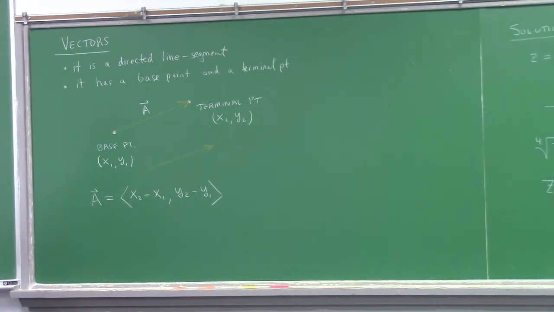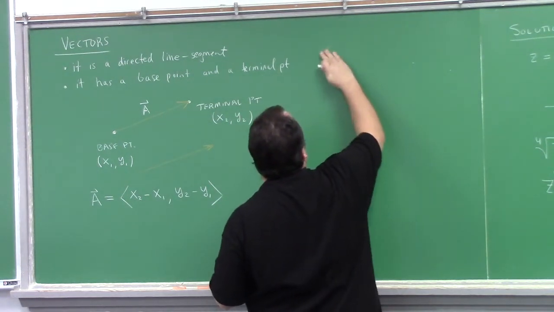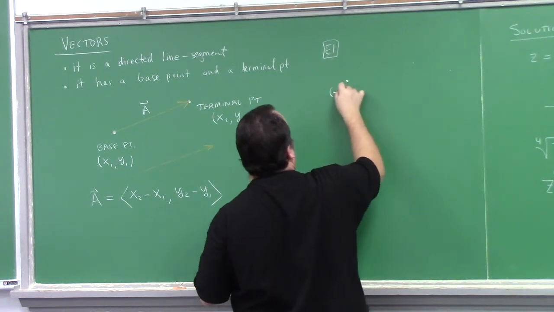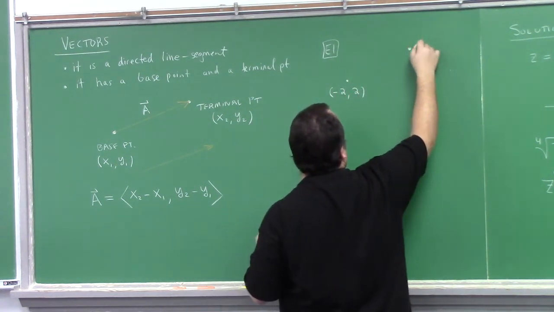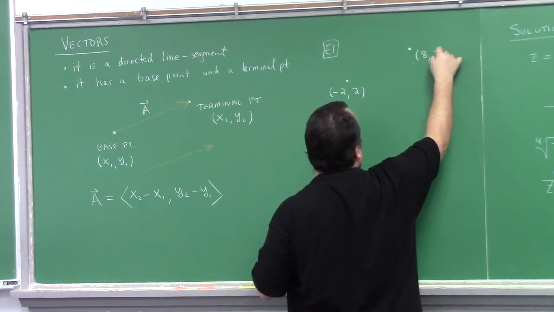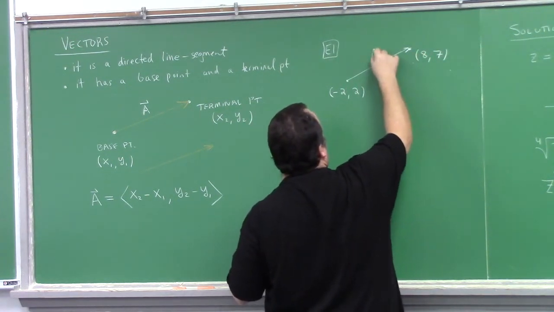So for example, if I'm going from, say, (-2, 2) over to, say, (8, 7), then I can ask, what is this vector A?